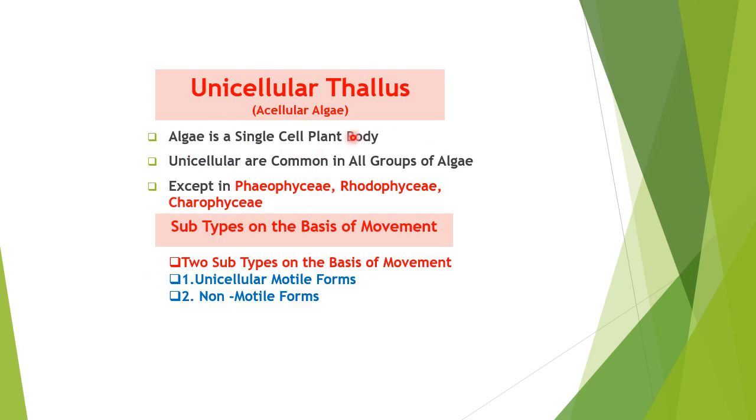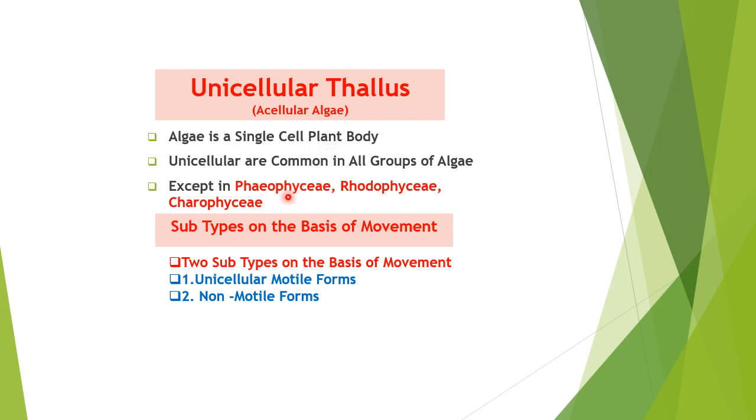We have a unicellular thallus, which can be an acellular, single-cell plant body. Unicellular forms are common in all groups of algae, but there are exceptions. In Phaeophyceae, Rhodophyceae, and Charophyceae, they do not have single cells, they have multicellular forms.